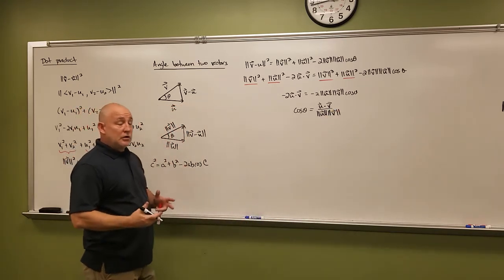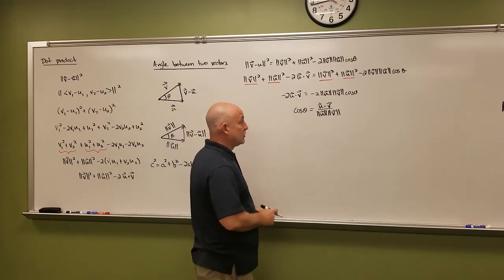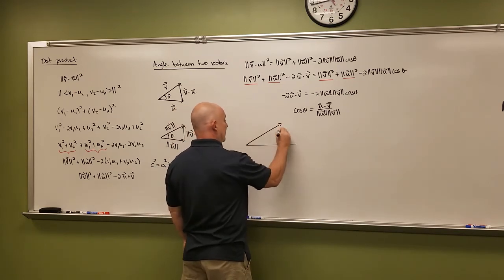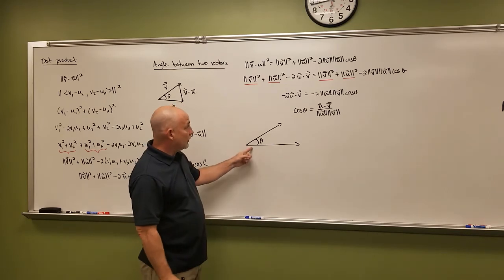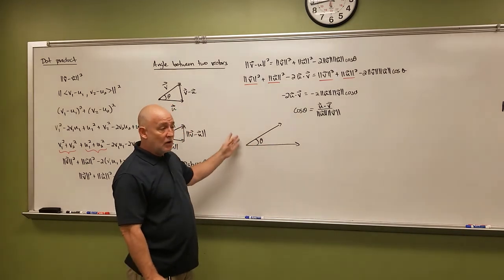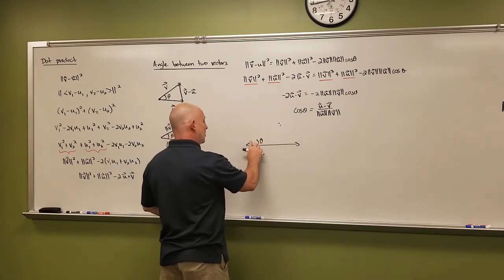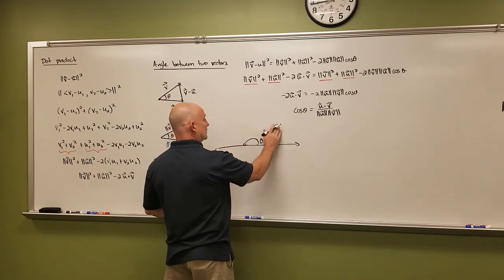All right, so this is generally where we leave our formula. We generally don't say that's the arc cosine, even though that's what you're going to have to do. Now, a quick check. If we have two vectors, we said that the angle between them is always the smallest. Well, if you think about it, what's the biggest the smallest angle can be? Kind of a weird sentence. But if you think about this opening up, the biggest it can be is 180 degrees, right?